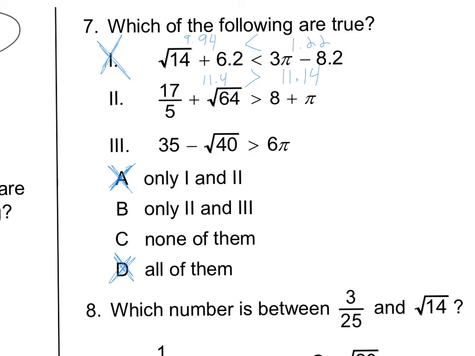Yes. If you add that 0, that's 11.40, so we have to make sure we understand that there are more decimals. So 11.40 is greater than 11.14. If we look at our two answer choices, we know that number 2 is true, which means it can't be none of them. So B is our answer. I don't even need to solve number 3, just using common sense there.